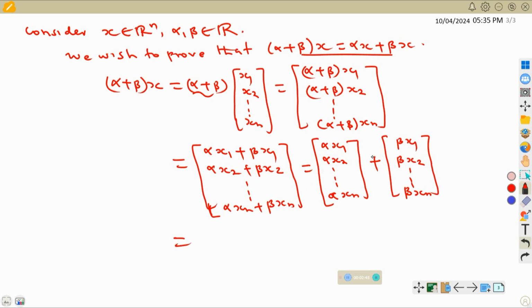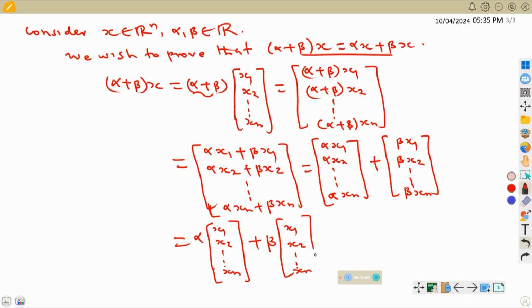So when I look at this, I can easily write this as alpha into x1, x2 up to xn, and this as beta into x1, x2 up to xn, which is actually the same as alpha x plus beta x. So this is x, this is y, this is also x. And that will be proved.